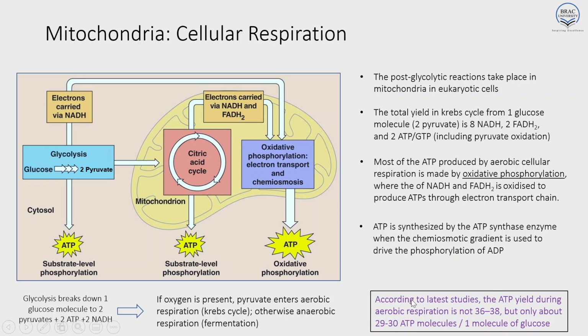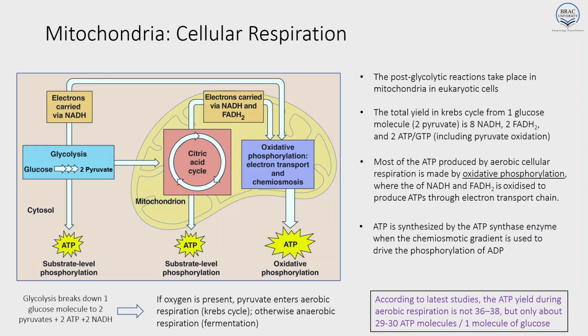This is an ongoing research field: why is there less ATP than it should be? Is there any problem in the mitochondria, or how is the ATP leaked? This is quite a fascinating field. So in practice we get 29 to 30 ATP per 1 molecule of glucose.